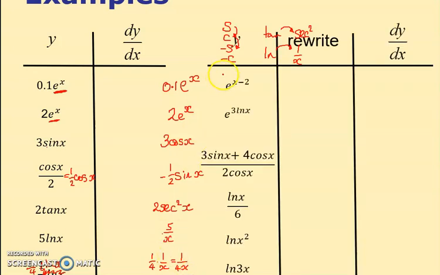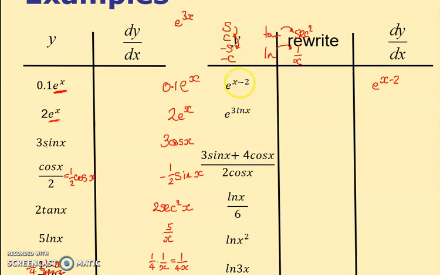Here's some more. E to the x minus 2. Now look, if I get x minus 2 here, this says rewrite. I can just think to myself that this becomes e to the x minus 2. It doesn't change. It would change if it was e to the 3x or something like this, where there's a multiplication.